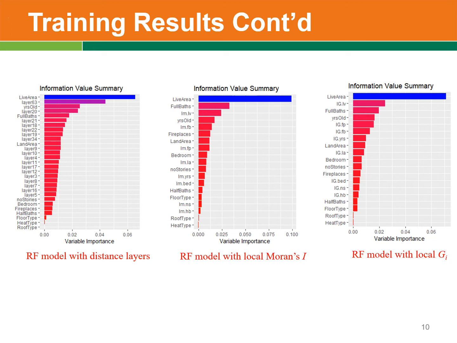The mid and the right plots show that the local spatial correlation indices variables are generally less important than their corresponding source attribute variables. For example, the spatial correlation indices variable based on the living area is important, but it's less important than the living area variable.